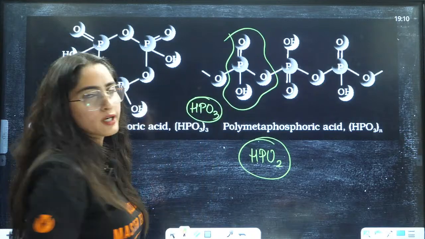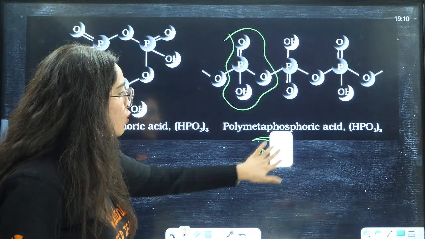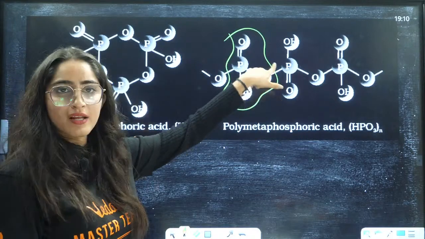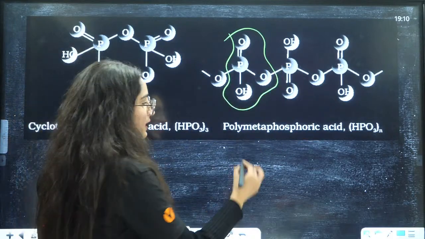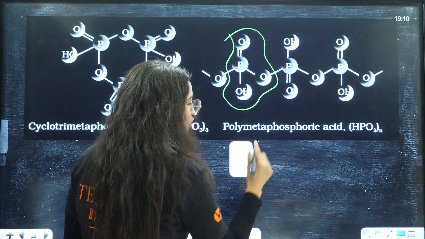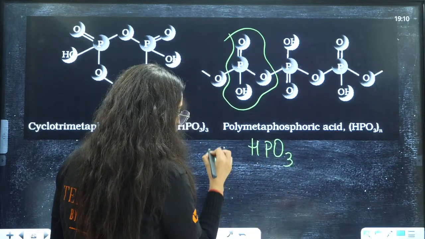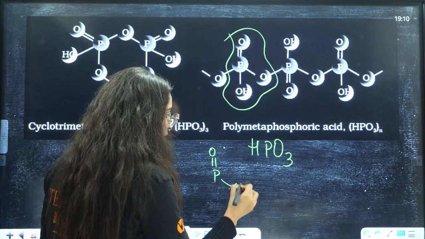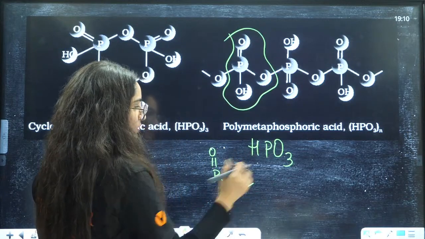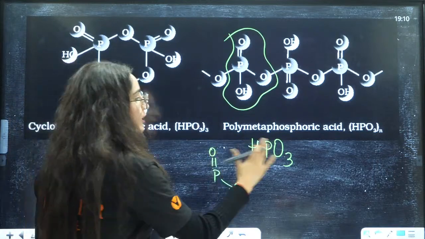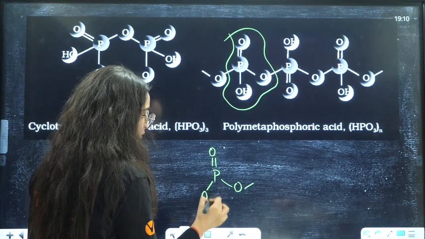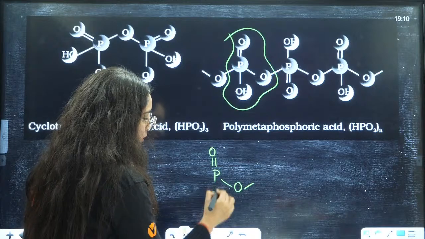This is what they are talking about. One oxygen is in the bridging state. Now you are left with one OH from this unit HPO3. P double bond O you have already used. Now you are left with one OH that you can draw here.